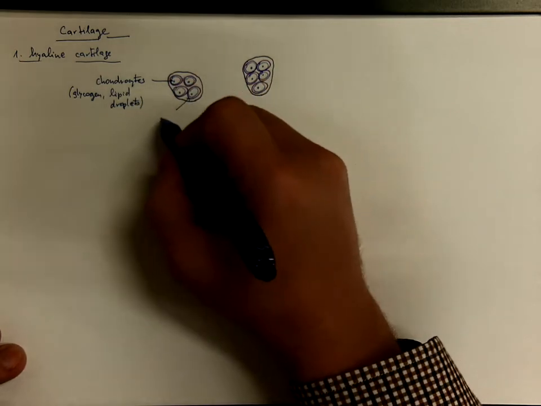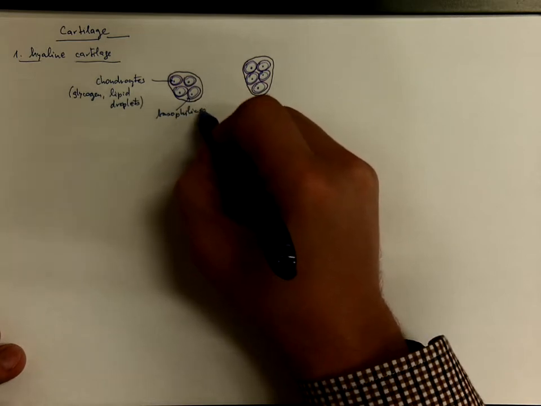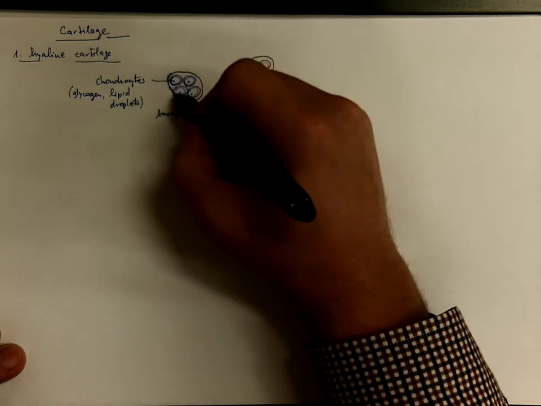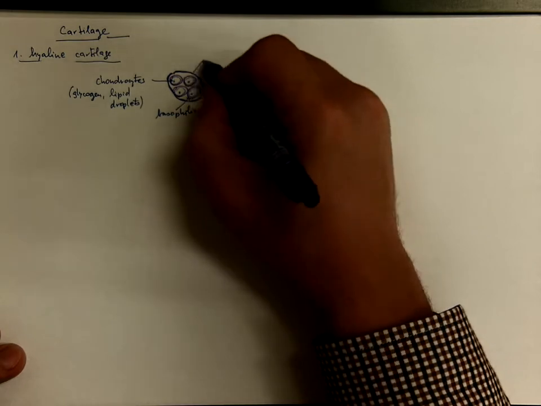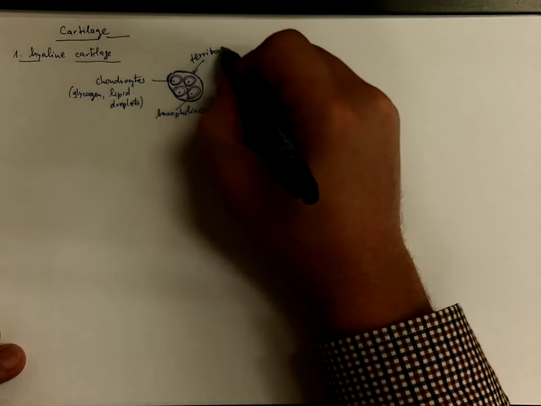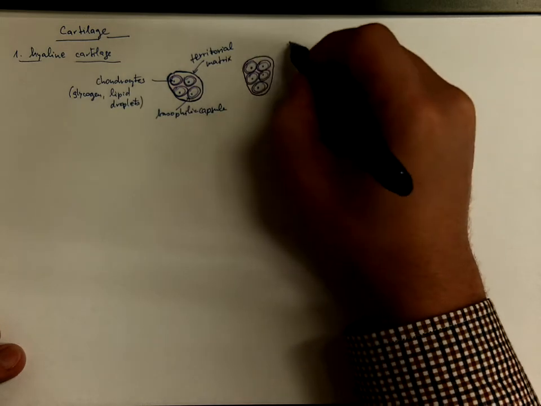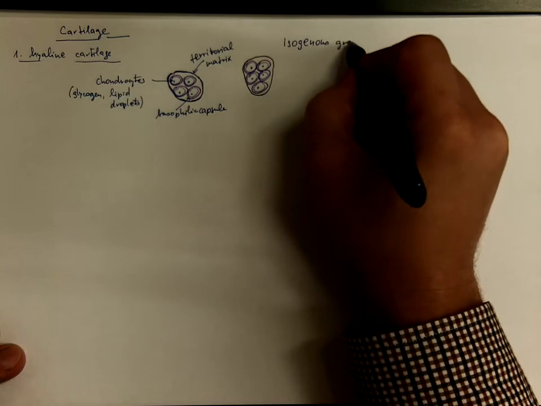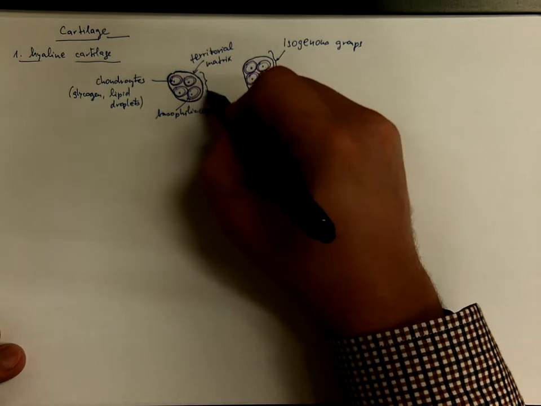Each is surrounded by a basophilic capsule, and there is a territory called territorial matrix. This whole group is called isogenous group. So this is an isogenous group, this is another one.